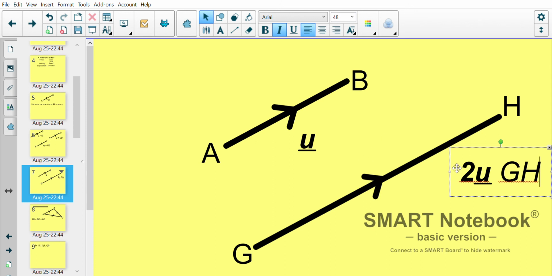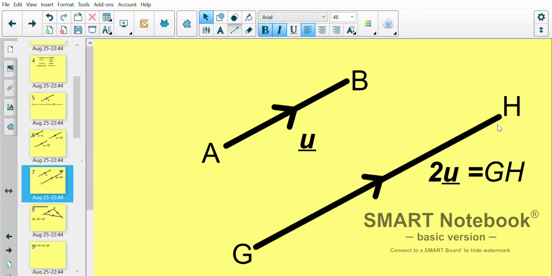And again, we put that little hat on it to say it's a vector. So we can write one vector in terms of another vector. GH is equal to 2U, AB is equal to 1U.